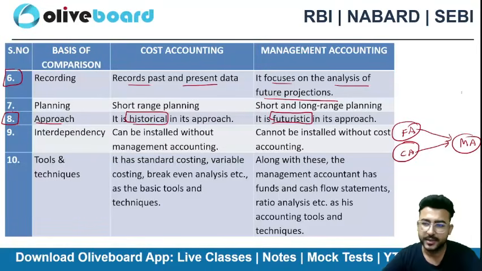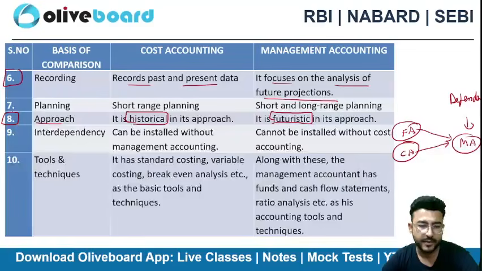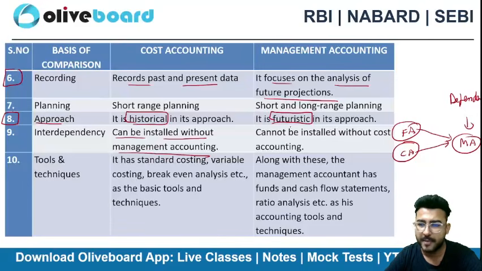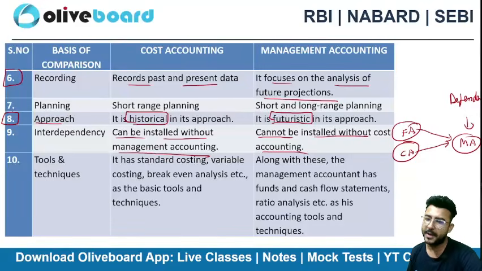And that's why this is dependent on the data which we are able to gather from financial accounting and cost accounting, right? So cost accounting can definitely be installed without management accounting, but management accounting cannot be installed without cost accounting, right?